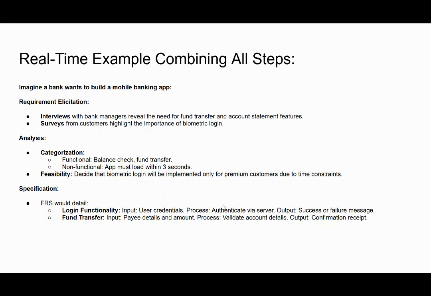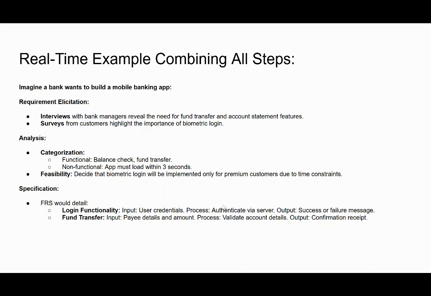The requirement specification document should include functional and non-functional requirements. As per this example, the functional requirements are login functionality and fund transfer functionality, and these will be included in the requirement specification. The non-functional requirement is that the app should load within 3 seconds.